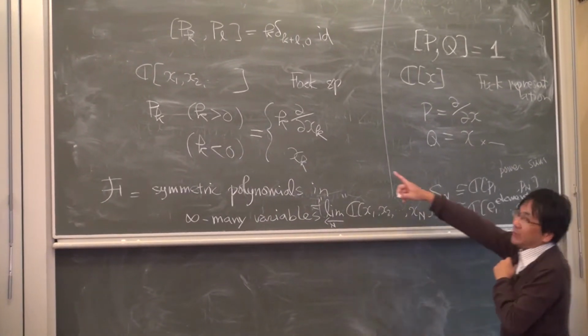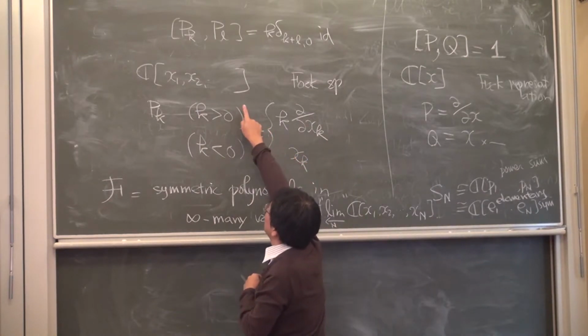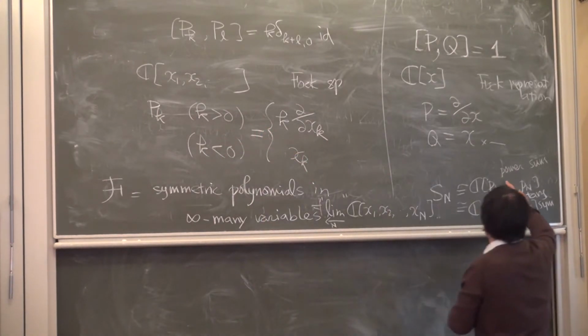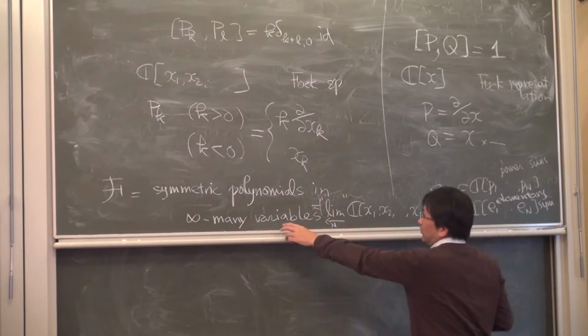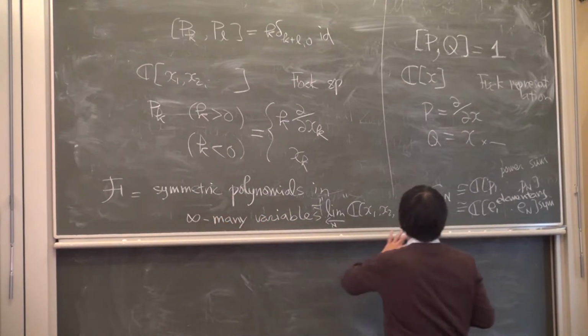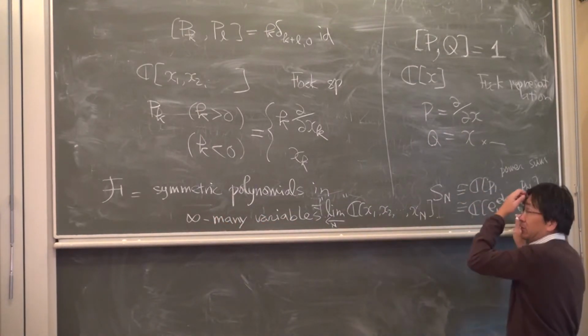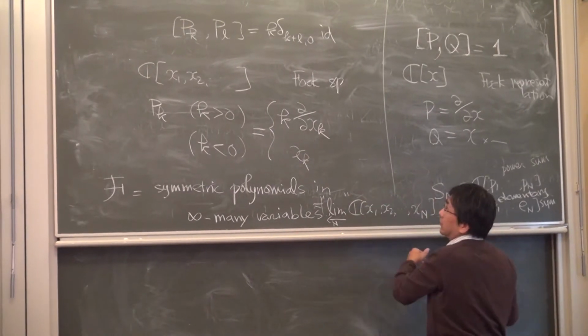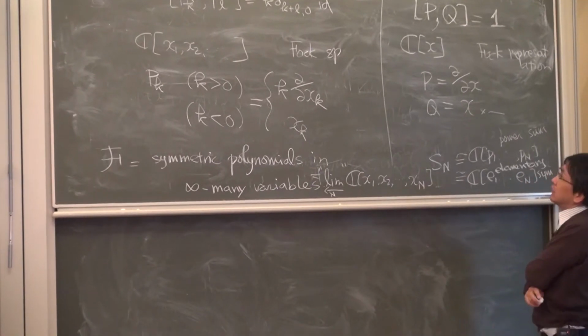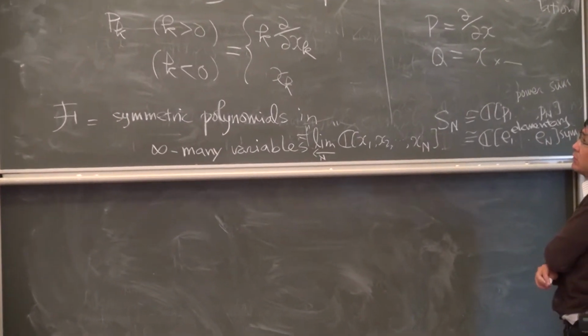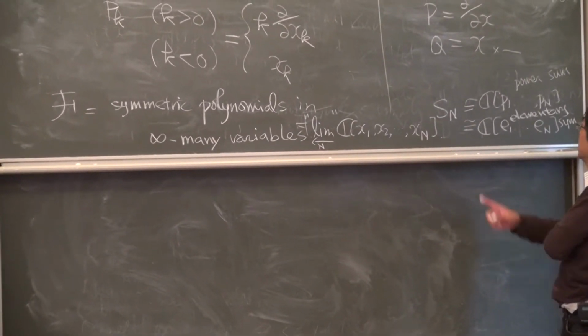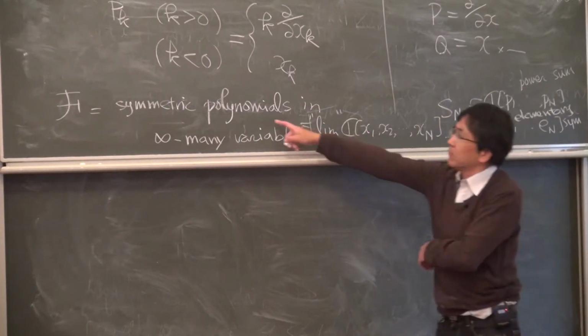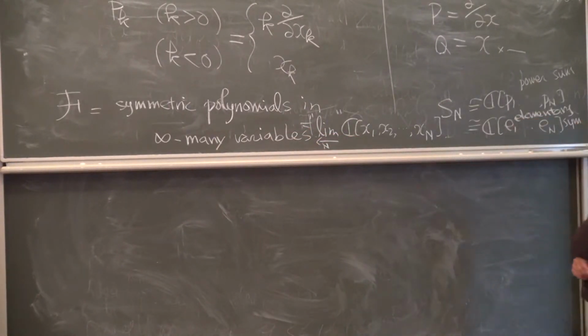So as an abstract polynomial ring, you can consider this as either this or this. But if you relate all these things to combinatorics, it's more natural to view the polynomial ring of infinitely many variables as the symmetric polynomials in infinitely many variables.